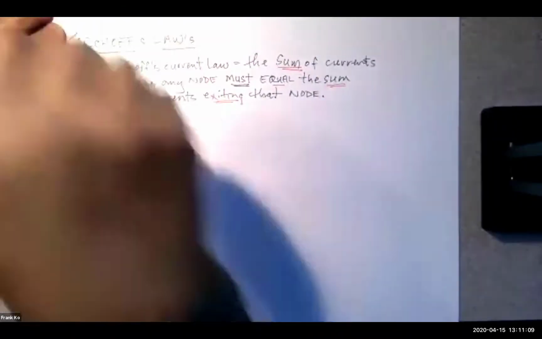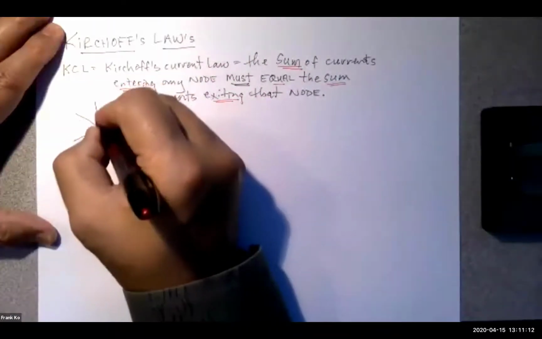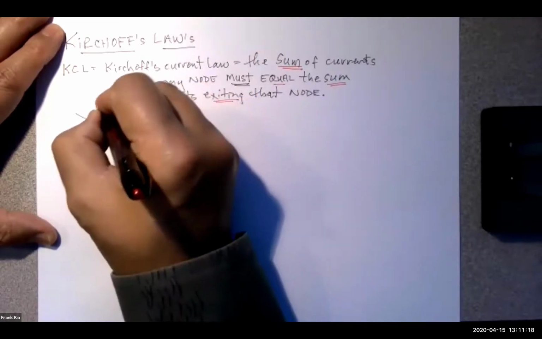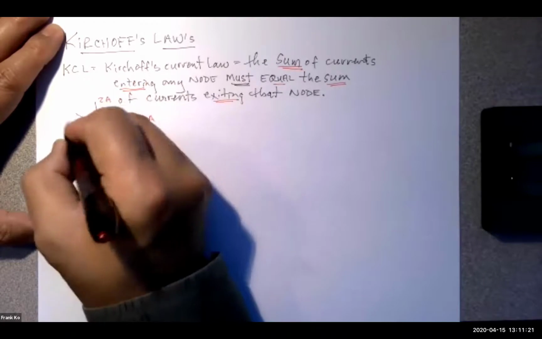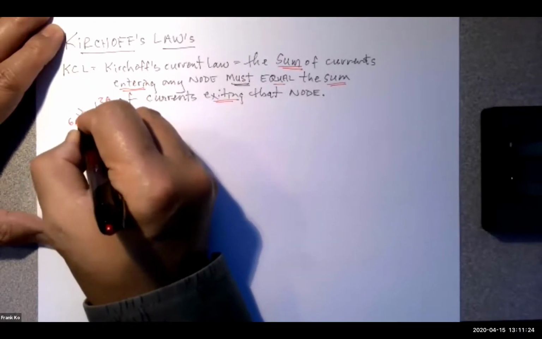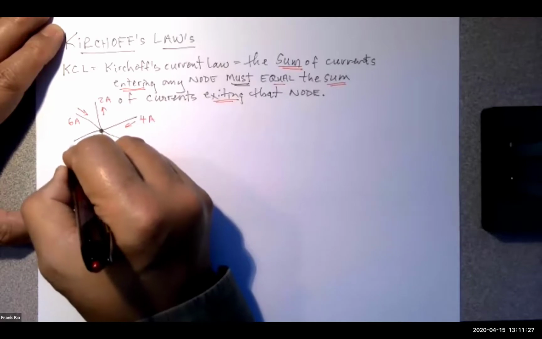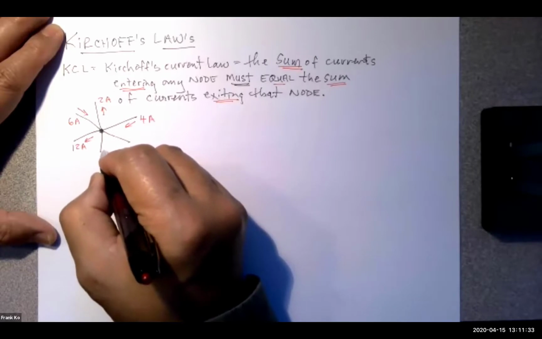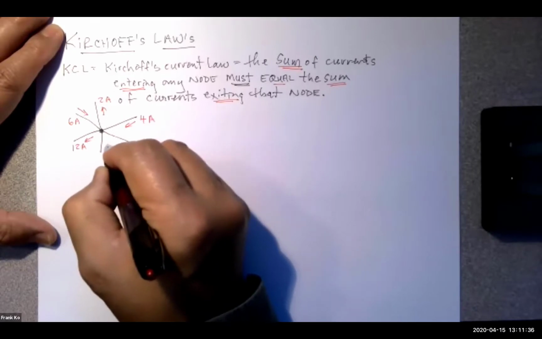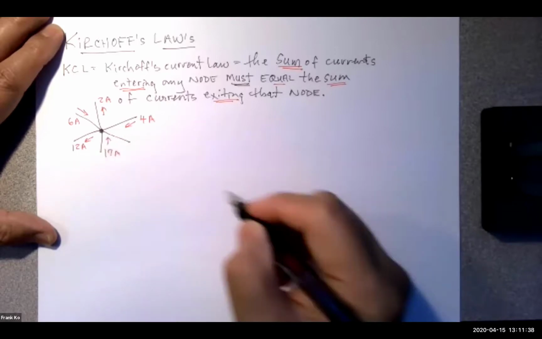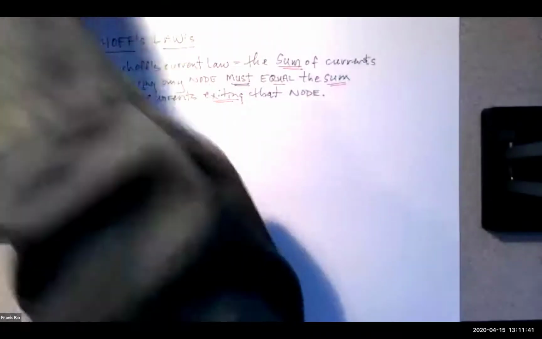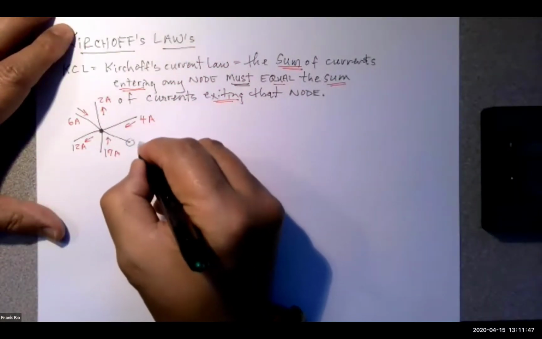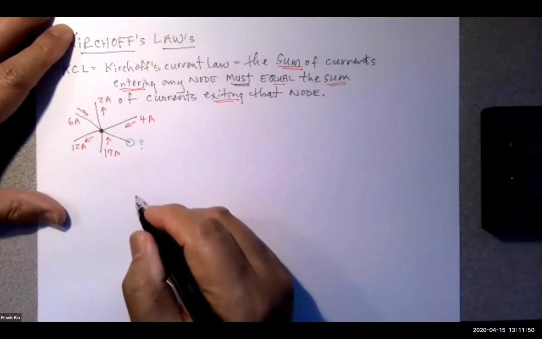In these 6 paths, we're going to have 4 amps going this way, 2 amps going this way, 6 amps going this way, 12 amps coming this way, and 17 amps coming this way. So the question has to do with this remaining wire out here. What is the current on that particular wire?